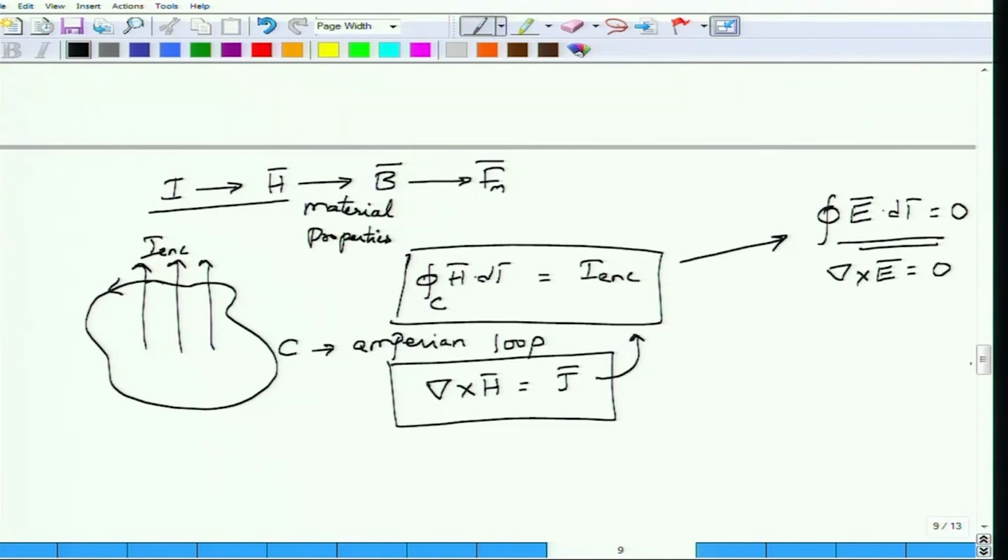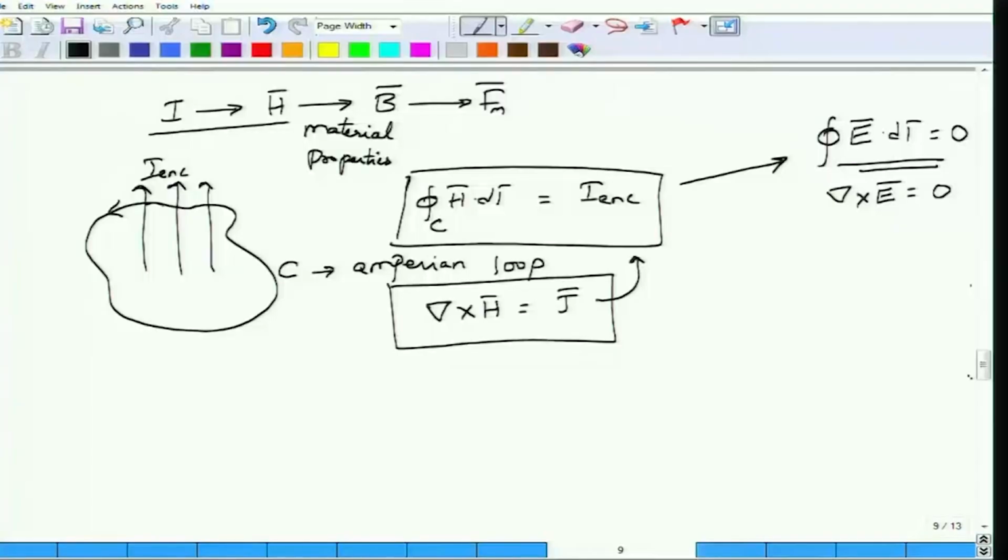Later we will see that this form of Ampere's law, as we have written, is actually wrong because it does not apply in the most general case where time varying fields are considered. This is the case where the fields are not varying with time, and in that case this law is valid.